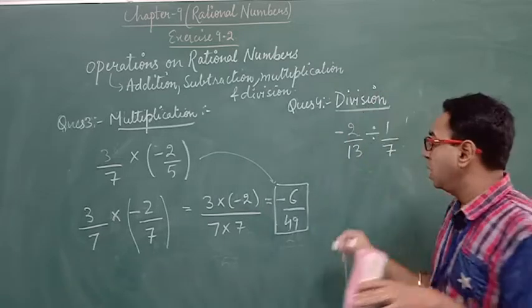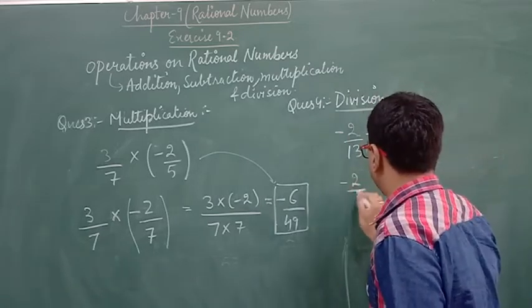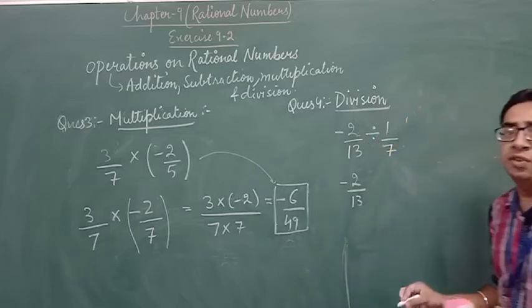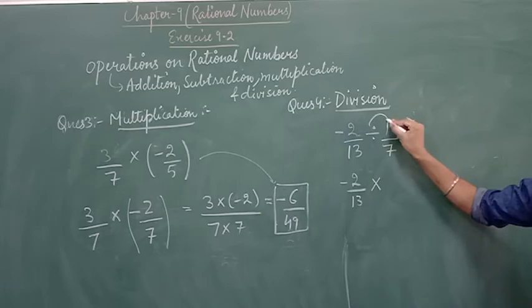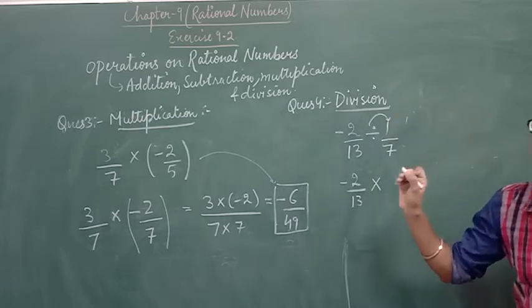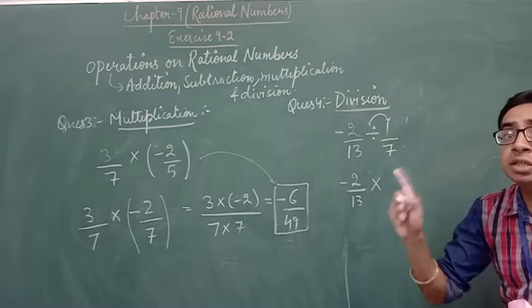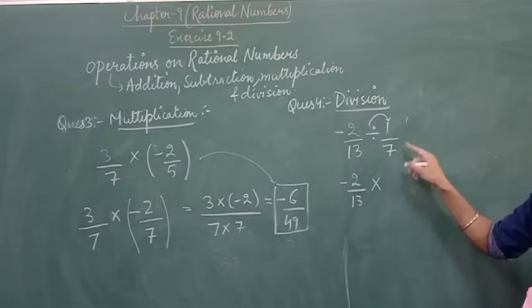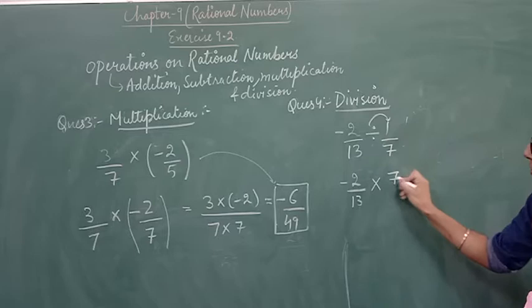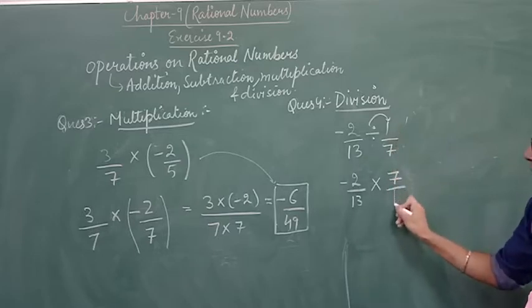So what we have to do, we'll convert this division sign into multiplication with the rule that the number next to it must be reciprocal. Reciprocal means denominator will become numerator, numerator will become denominator.